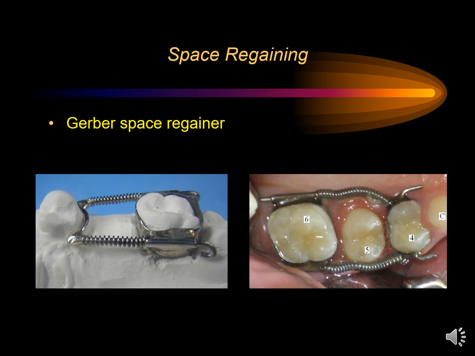One way of regaining the space is to use a Gerber space retainer, as shown in the diagram here. It has a band and an arm and a coil spring to push the molars distally.